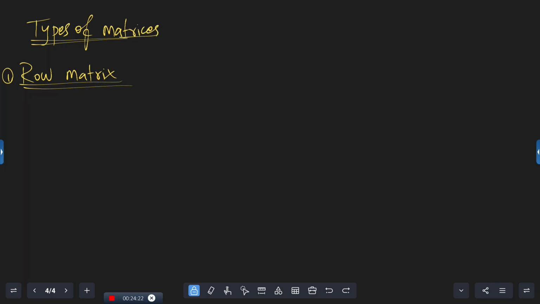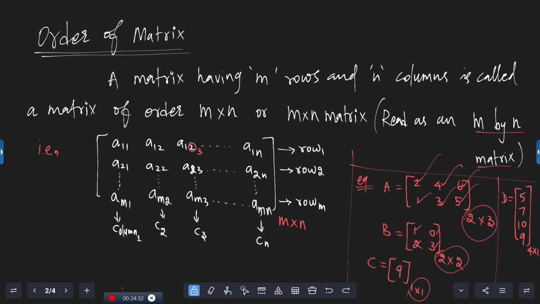Types of matrices. So listen, first, Raja: row matrix. A matrix which contains only one row or only one column, in the sense that we can say. See, only one column is a column matrix. Only one row is a row matrix. Very simple. So for the example, what will you say here? Column matrix, because we have only one column.